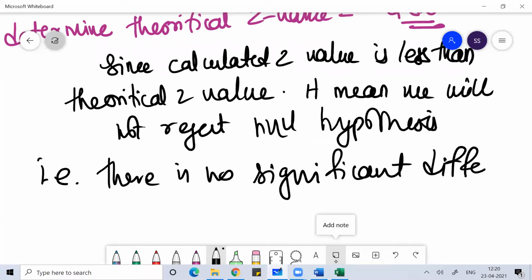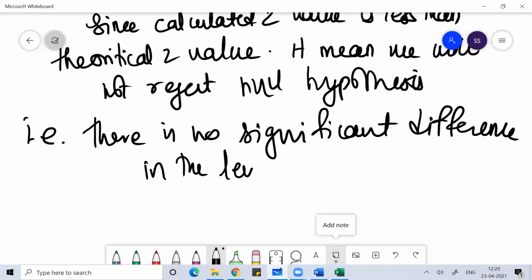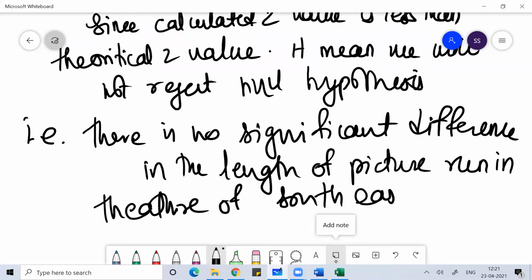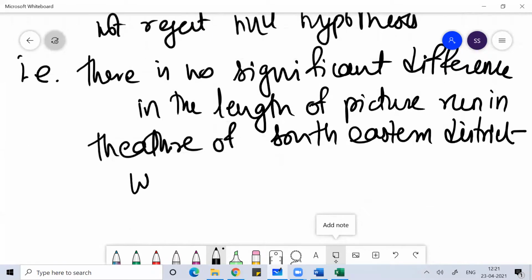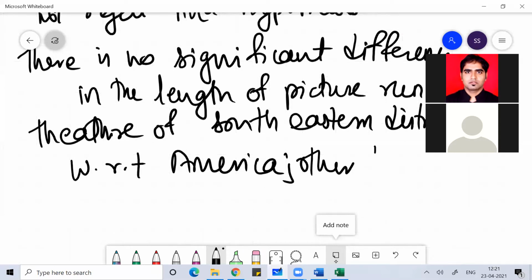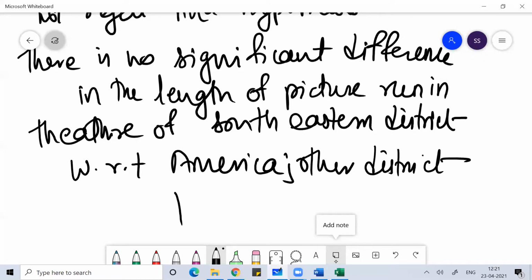There is no significant difference in the length of picture runs in the theater of the southeastern district with respect to America's other district theaters.